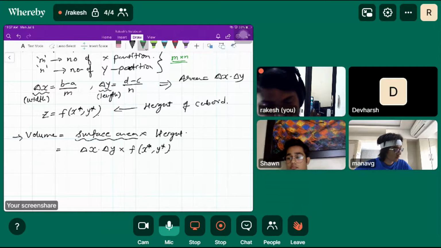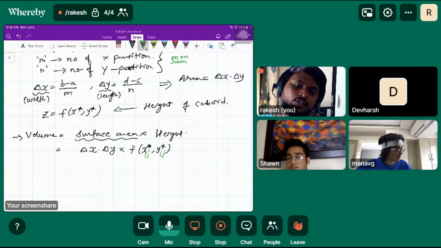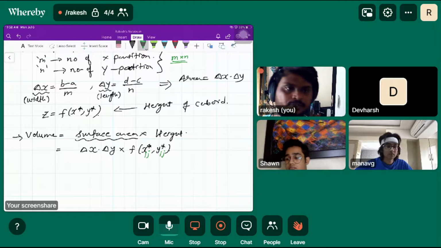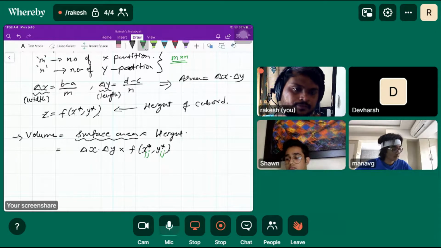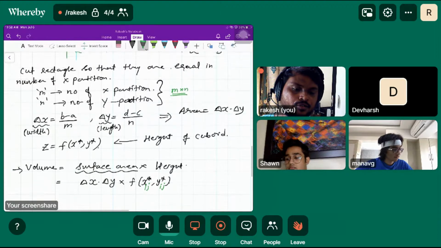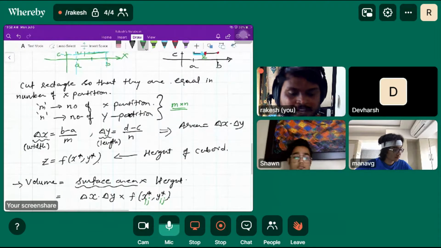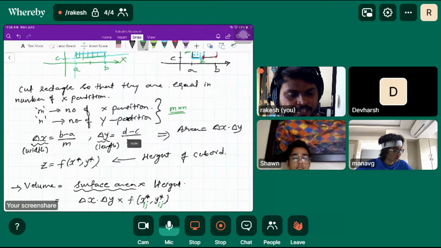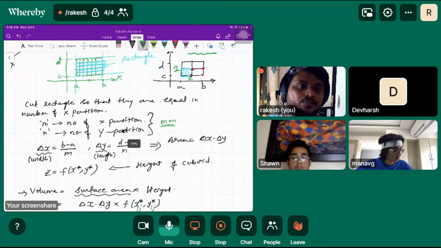Since the heights are different, we make this correction by putting ij. What is ij? ij is the position of the rectangle. So this provides enough information about which rectangle we are choosing here.